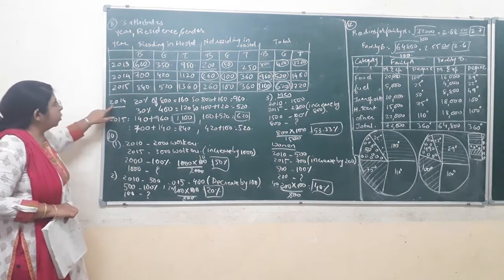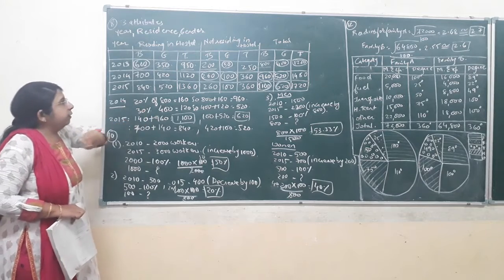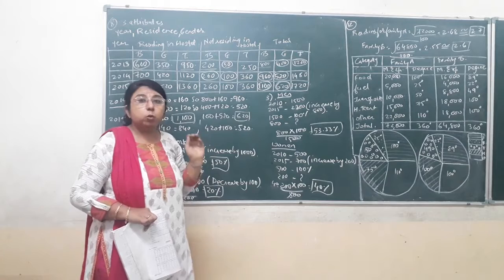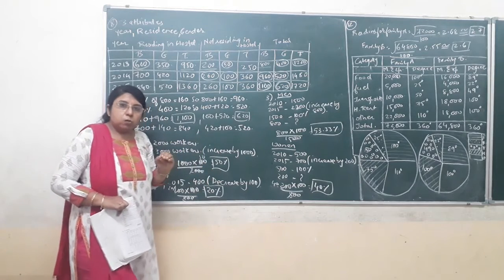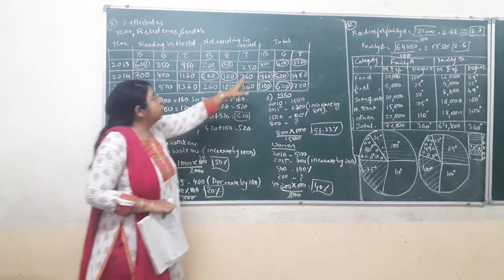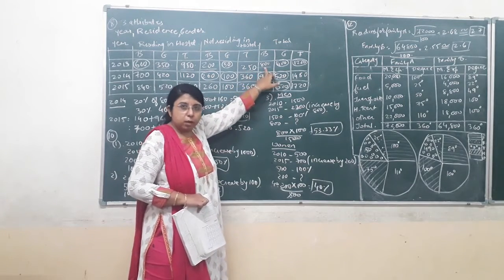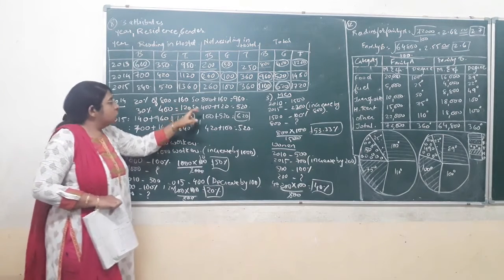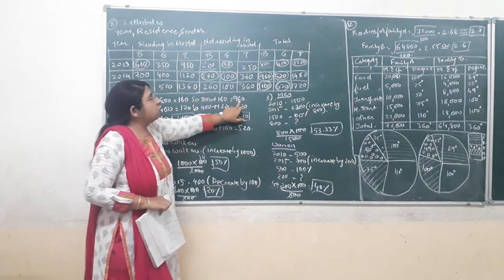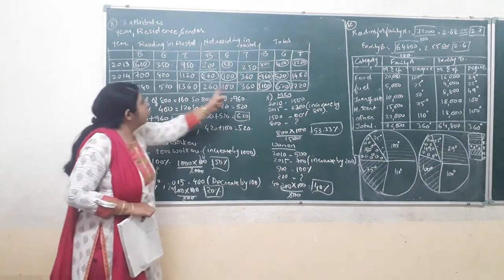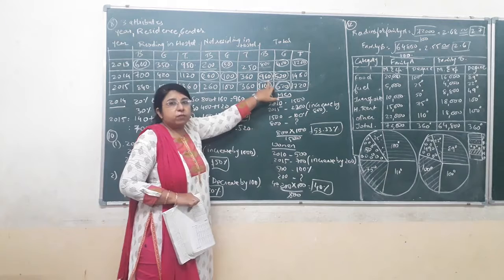Year 2014, 20% of 800. 800 was the total number of boys in the year 2013. In the year 2014, boys have increased by 20% of the previous year. So 20% of 800 is equal to 160. So 800 plus 160 is equal to 960. So you can see in the column of the year 2014, the total number of boys is written as 960.